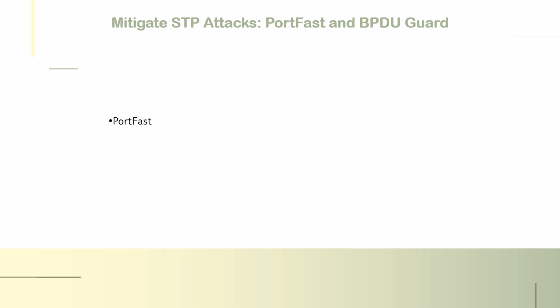PortFast immediately brings an interface configured as an access port to the forwarding state from a blocking state, bypassing the listening and the learning state. Apply this to all end-user ports. PortFast should only be configured on ports attached to the end devices.